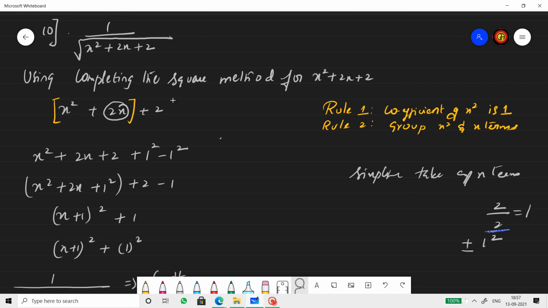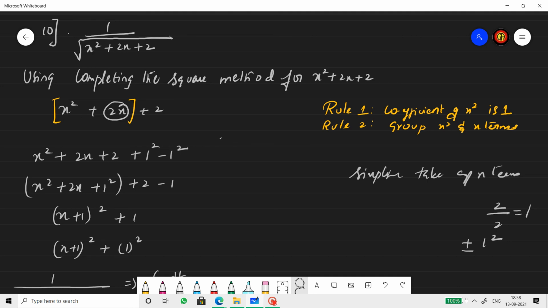Divide that by 2 always. This division by 2 is not because this is 2. Generally, because of 2ab, we divide by 2. So whatever be the coefficient of x, always divide that by 2. We get 1 here. We might get different numbers in different cases. So once you find a number, insert that number after putting a square on top of it and in plus and minus form.